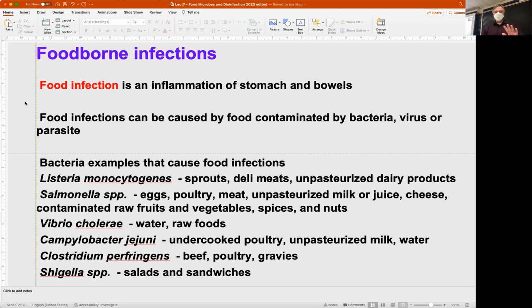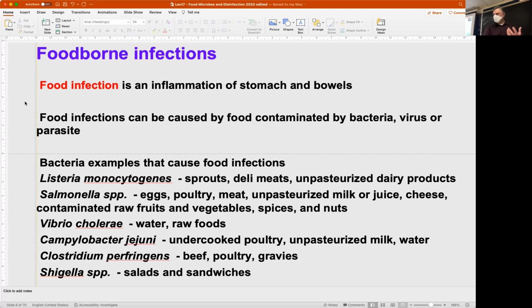Okay, so like I was saying, there's foodborne infections. If you have these bacteria in your food, they can make you sick. Listeria monocytogenes, Salmonella, Vibrio cholerae, Campylobacter jejuni, which is often in chicken, Clostridium perfringens, which is in beef and gravy and chicken as well, and Shigella.